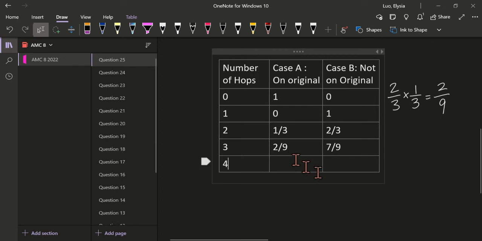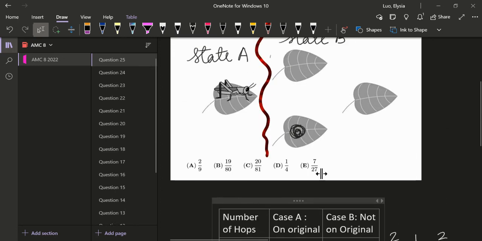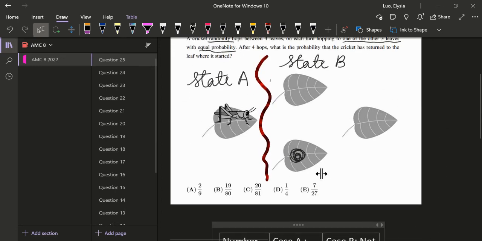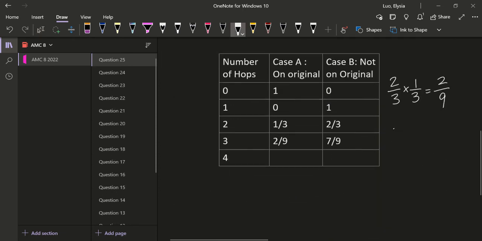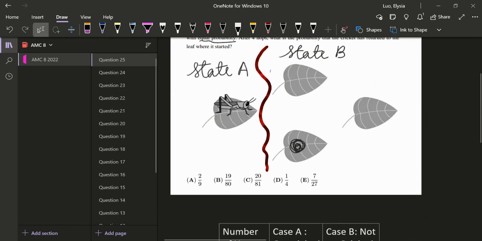Now we're on to the fourth and final hop. Again, like I said, you have to be in state B in order to get onto state A. So for this one, 7/9 would be one of the numbers that you need for this calculation. And then again, like in the previous, you would multiply it by 1/3 because you're on a leaf, and there's 3 other leaves you could possibly be on.